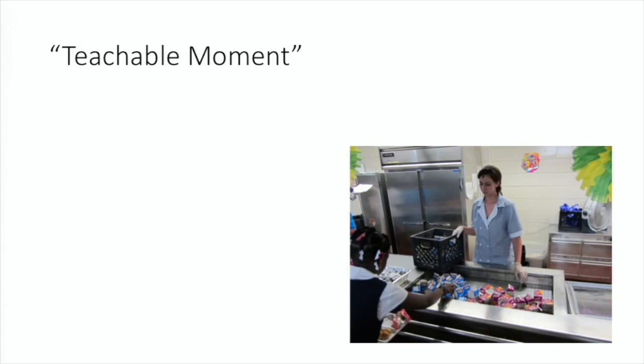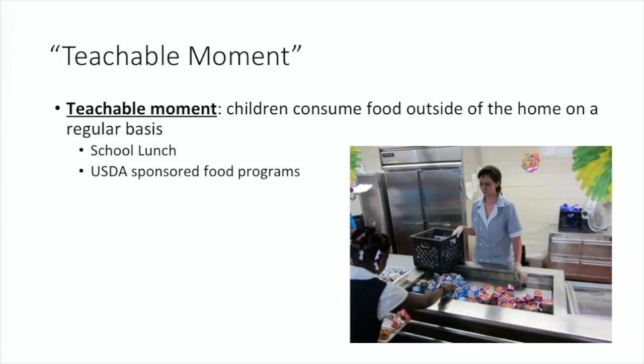So all that to say is that we think of the school lunchroom as a teachable moment for running interventions to improve food choice. It's hard to intervene with children in the home, but it's quite easy to intervene with them at school. And children are consuming food at school on a regular basis. And importantly, some of these USDA-sponsored programs like school lunch, school breakfast, and after-school programs are aimed at low-income children.